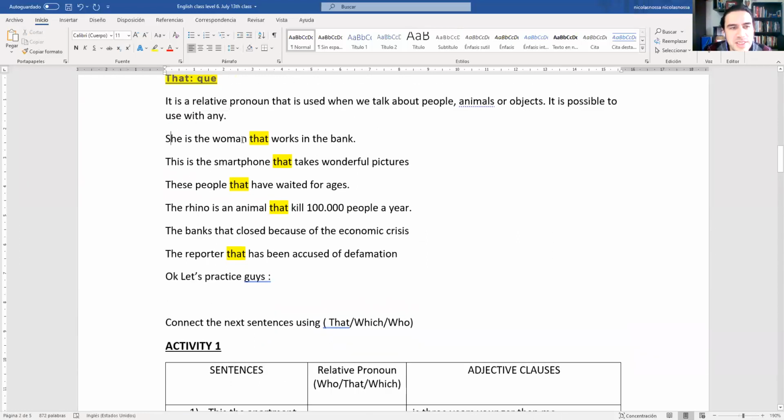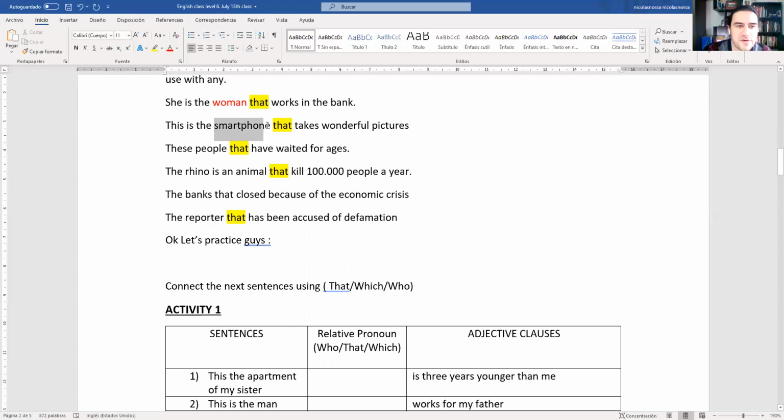Example, she is the woman that works in a bank. In this case, I'm talking about a woman, yeah. So it's possible to use that. This is the smartphone, an object, that takes wonderful pictures. So as you see, people, objects, it doesn't matter.